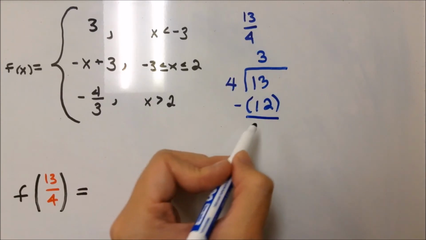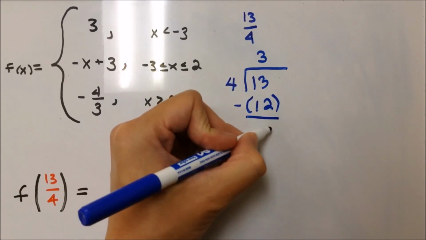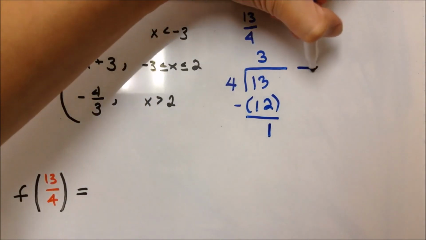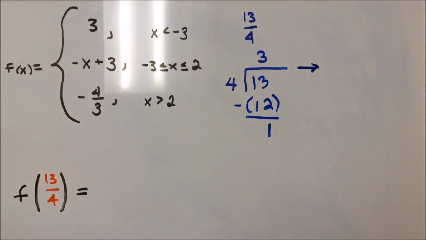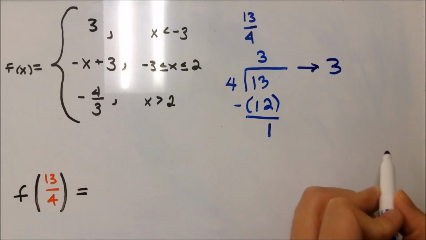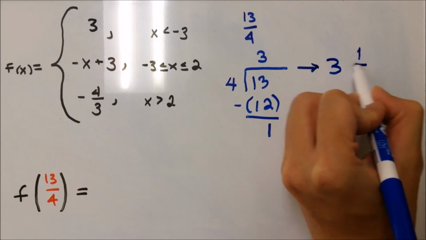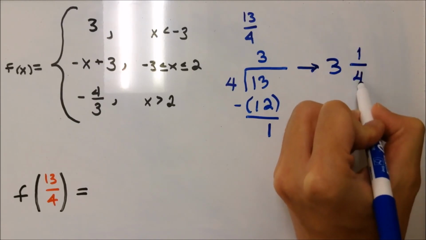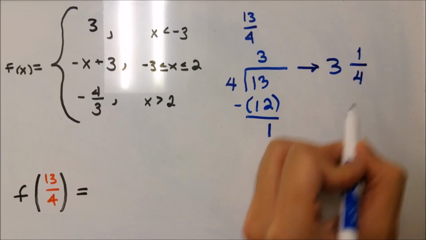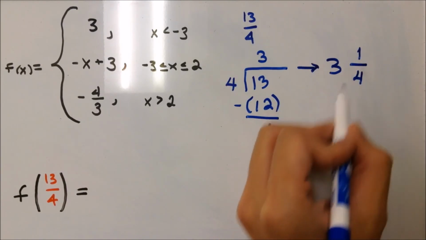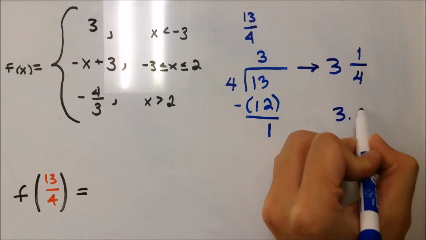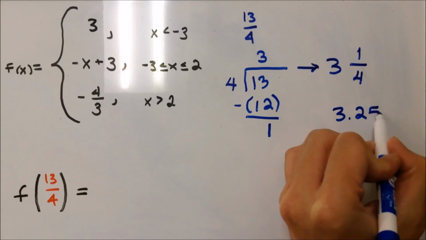Subtract. 13 minus 12, that's the remainder of 1. So we have 3 whole numbers with a remainder of 1 divided by 4. So it's 3 and 1/4, also known as 1/4 is going to be 0.25. So 3 and 1/4 is the same as 3.25 decimal number.